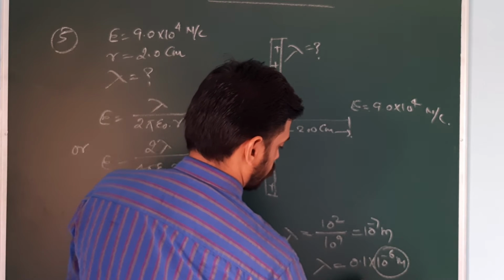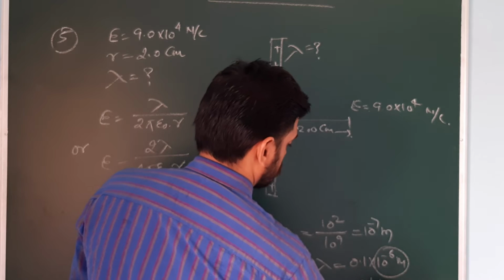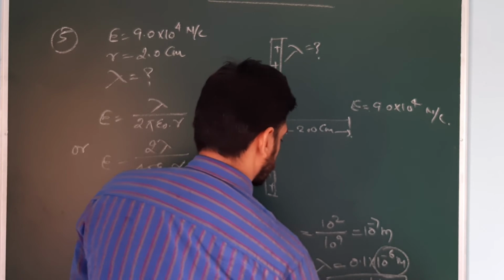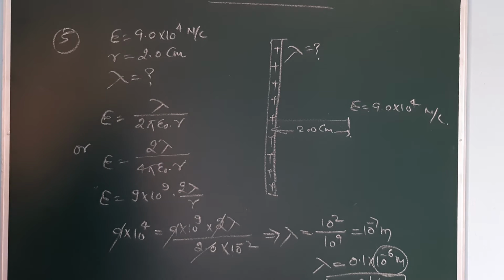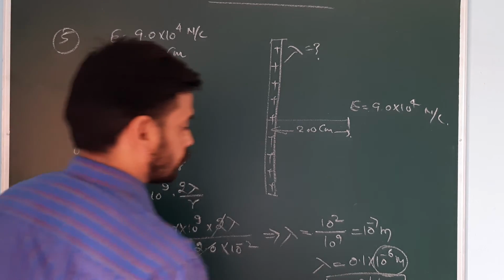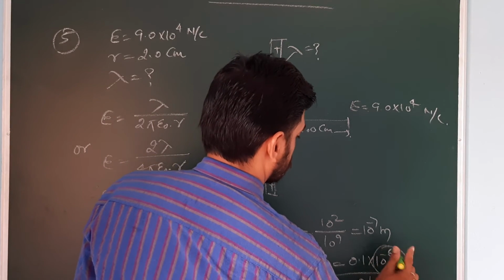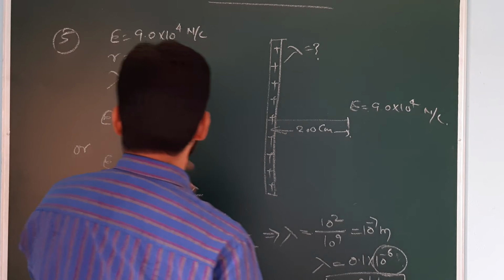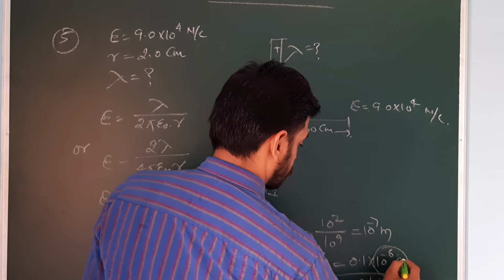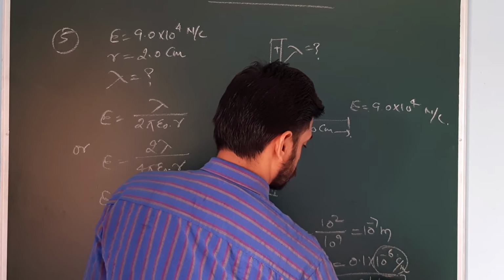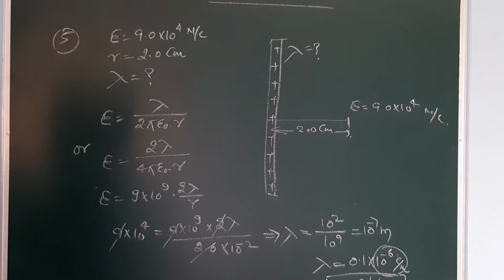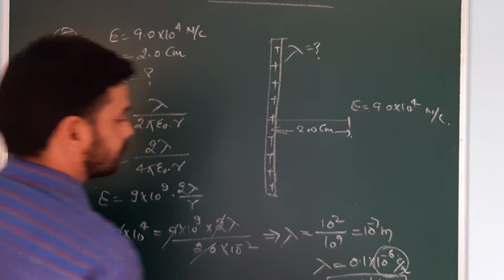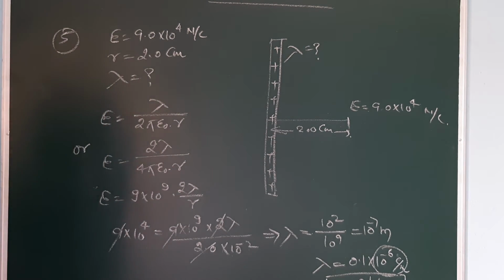So lambda equals 0.1 microcoulomb per meter. Right?